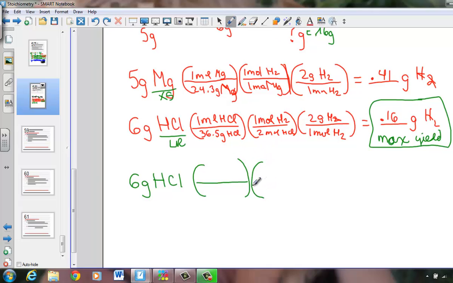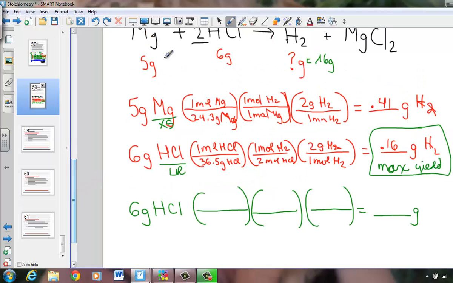We're going to divide, we'll ratio, we'll multiply, where the target now becomes the excess reagent, and I want to land in a like unit that I was given so I can subtract. And that like unit here was grams. 5 grams of Mg, so I'm going to go to grams.